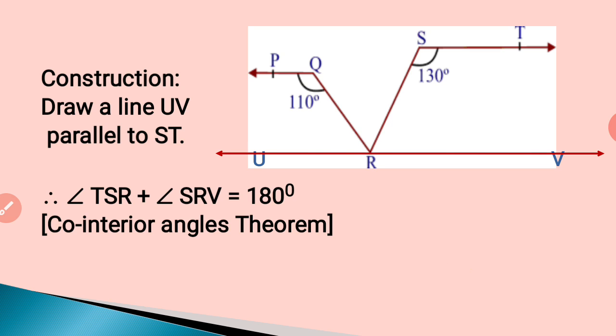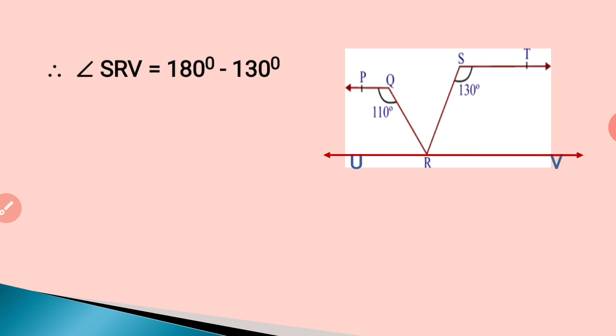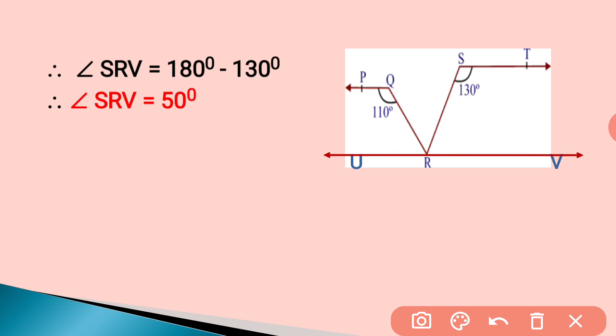Out of these two angles, angle S, that is angle TSR, is known to us. So we can easily find out the value of angle SRV, which comes out to be 50 degrees. Now we have constructed UV parallel to ST. In the given question, ST is parallel to PQ.